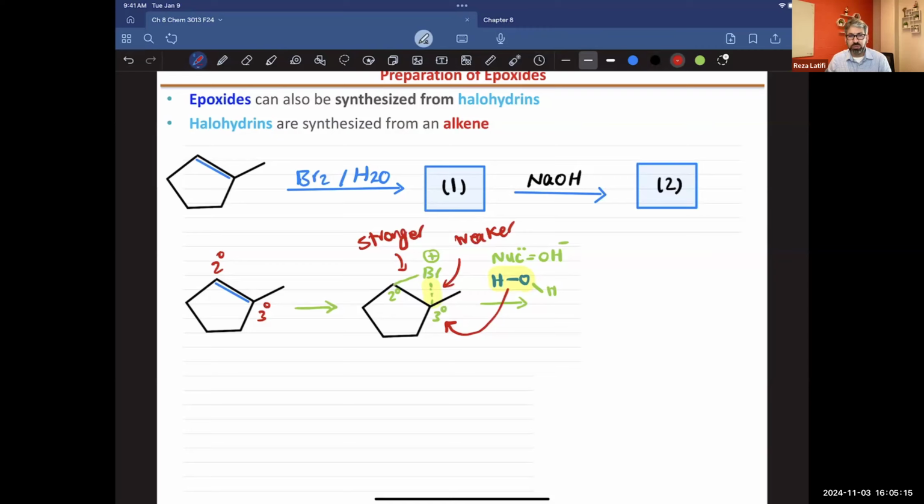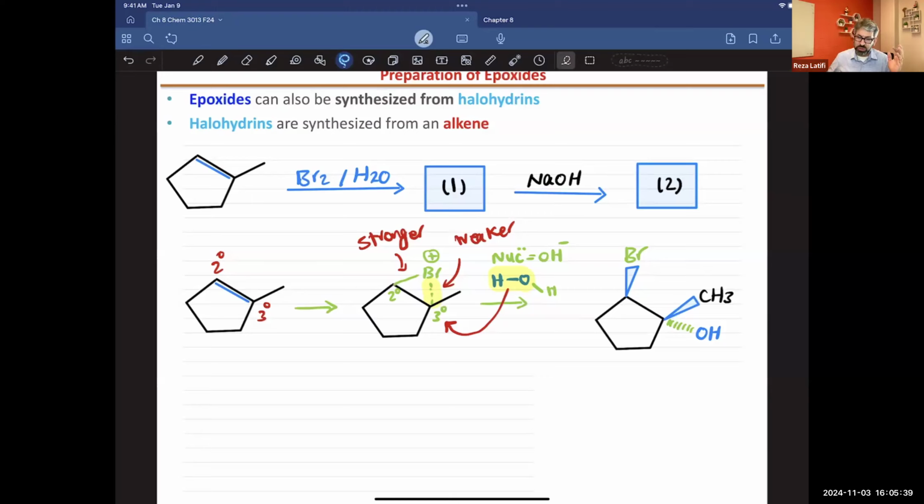And because we use water as a solvent, in the next step, water will be added to the system. So OH from water will be added to the system, and it will give us this product. Okay, so OH will be added to the tertiary carbon, and the bromide will be sitting on the secondary carbon.